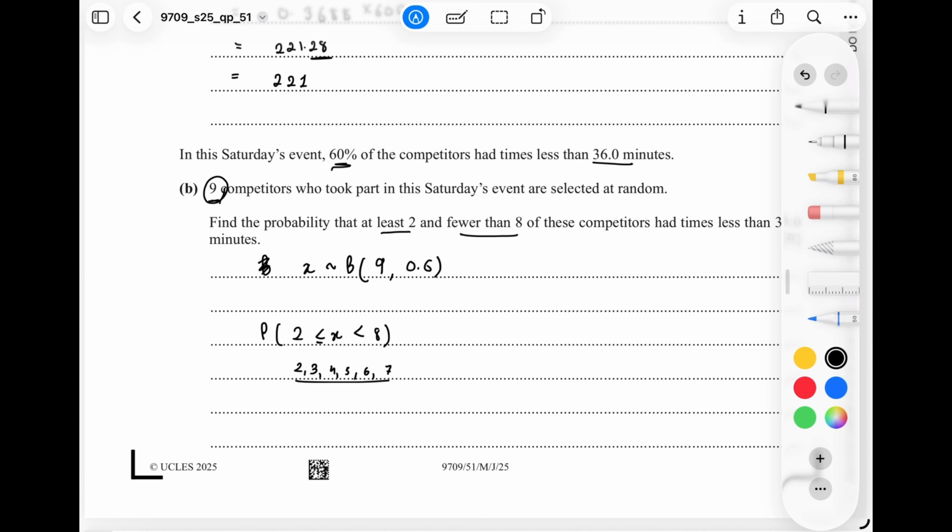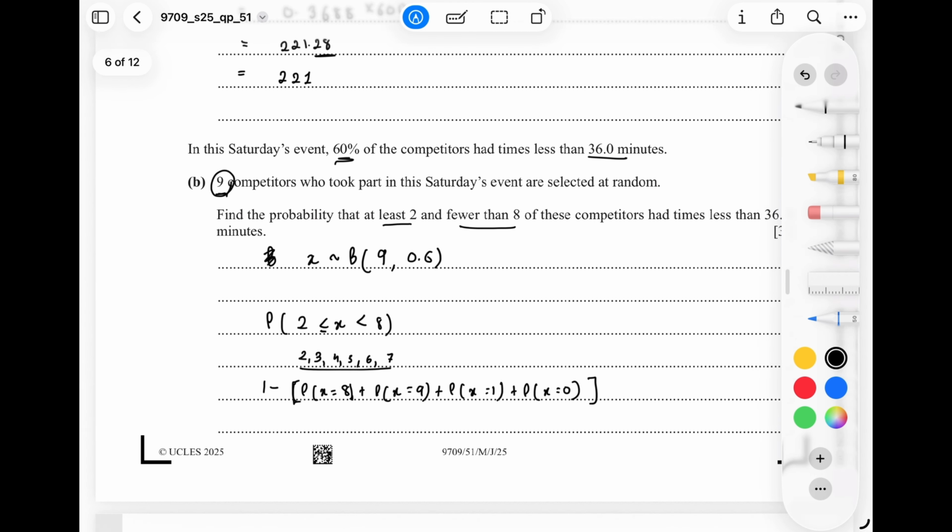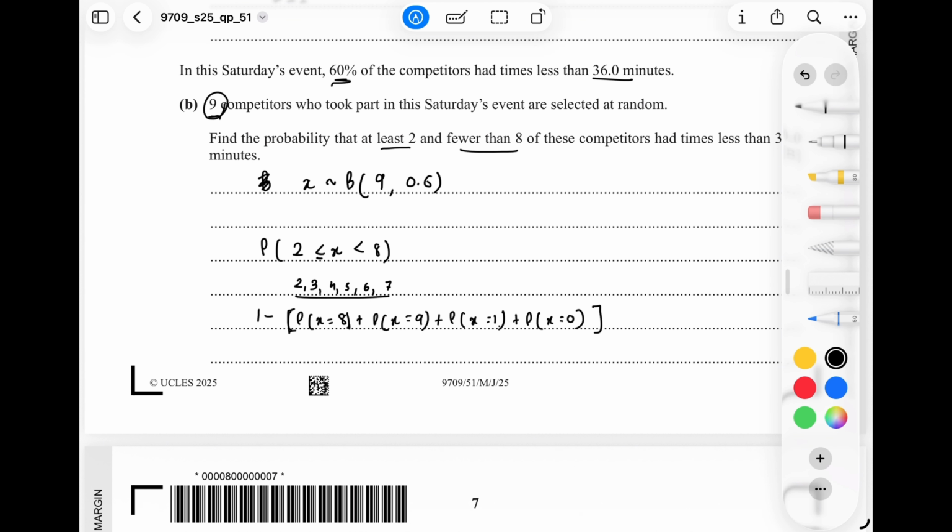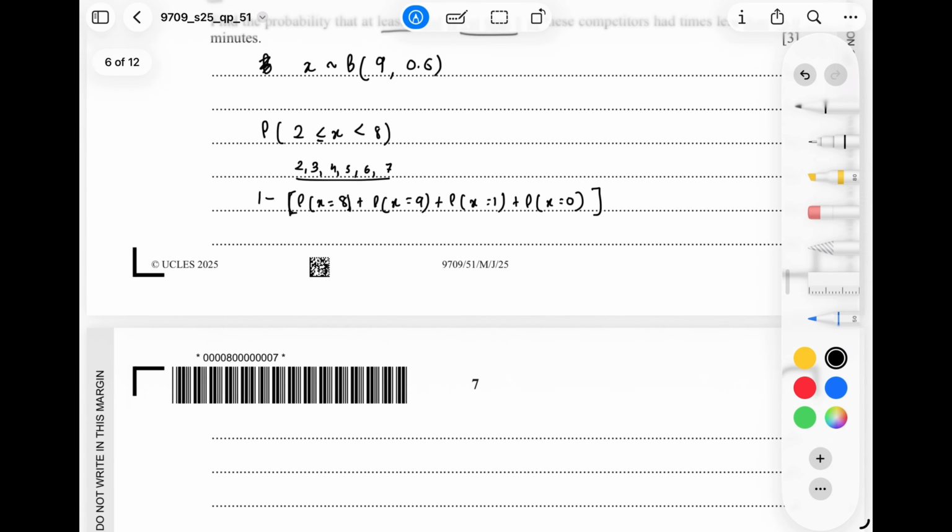But we have 9 competitors in total, so do you think it'll be easier to just do 1 minus all the other options: P of X equals 8 plus P of X equals 9 plus P of X equals 1 plus P of X equals 0? Personally, I think it would be better to do this because over here you're dealing with 4 different numbers, but over here you have 6. It's just a difference of 2, so it doesn't really matter that much. We can do it either way.